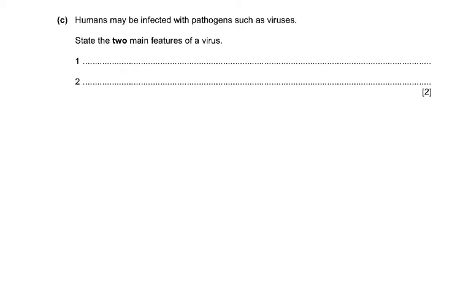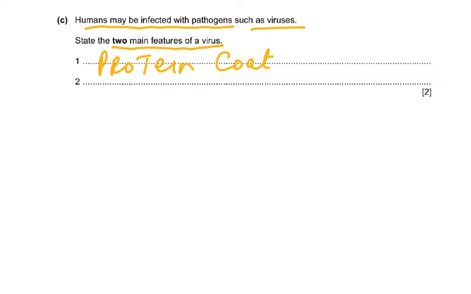Then it says humans may be infected with pathogens such as viruses. State the 2 main features of a virus. Now the main features of a virus is, number 1, it has to have a protein coat. And it doesn't have a cell membrane or a cell wall or any outer boundary, it has the protein coat. And the second thing is it has to have some genetic material.